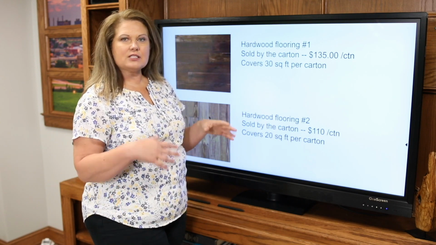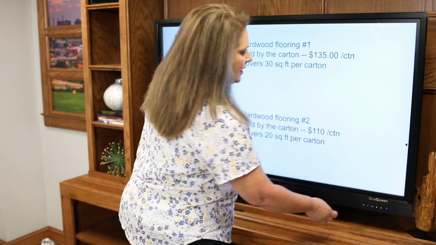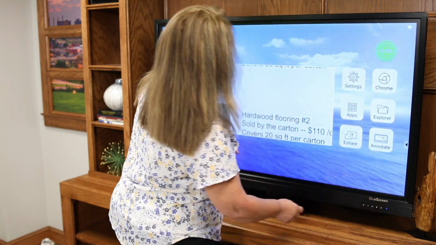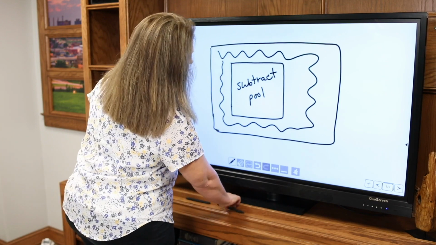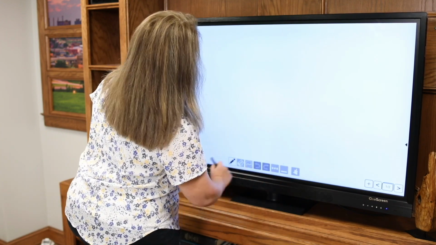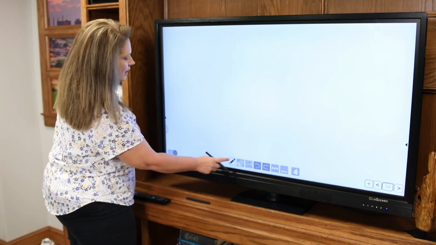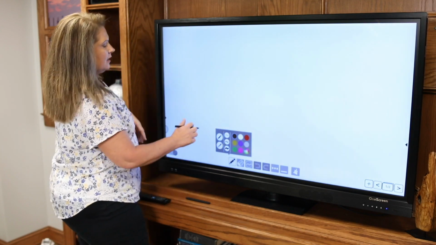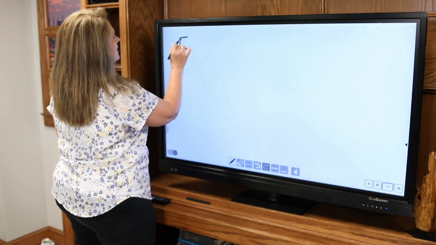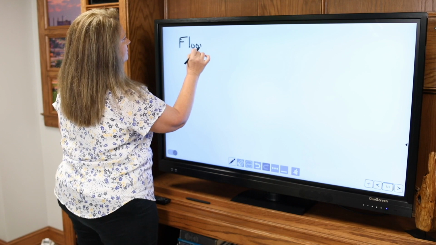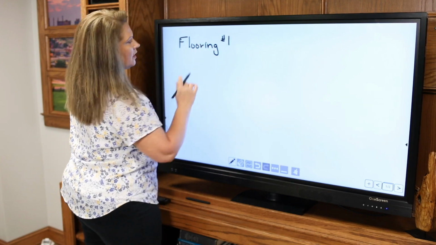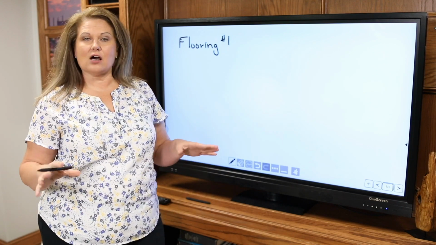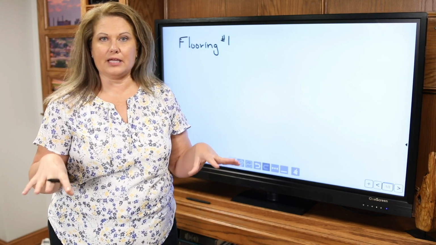And to do that, there's a couple of different ways. Let me go back to annotating for you. And we'll just delete our last one. So let's say we have flooring number 1. They're both sold by the carton, so I really don't need that information written down.